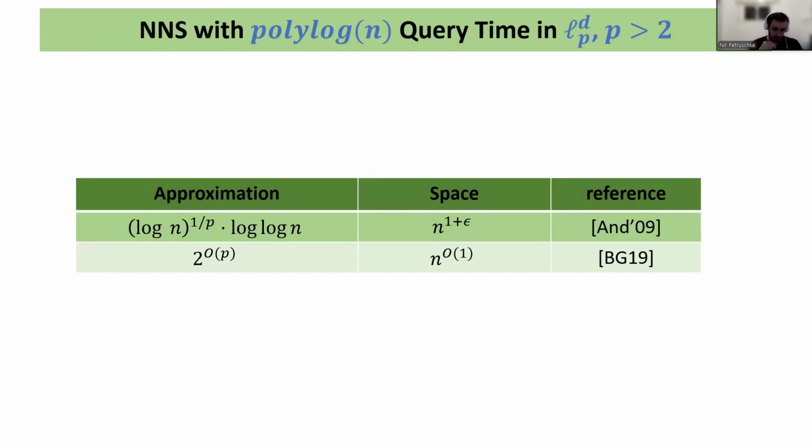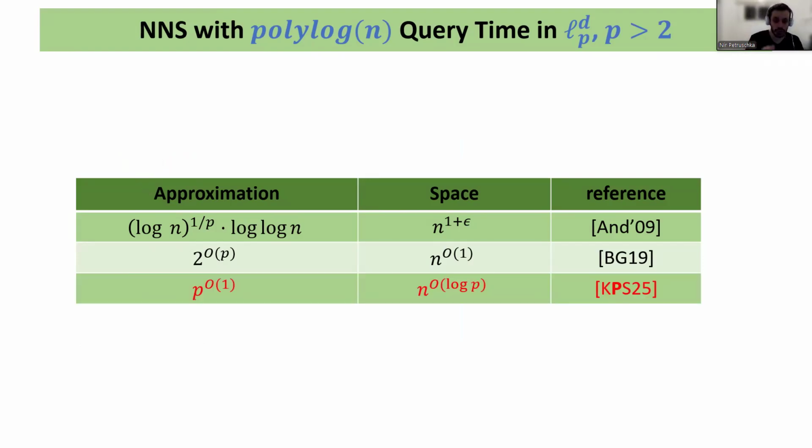Usually these results are stated with some dependency on the dimension, but for simplicity here, I'll just assume that the dimension is polylogarithmic in n. So our result is that you can actually improve the approximation factor to being polynomial in p. But we have a space blowup, which causes the space to grow to something like n to the order of log p.